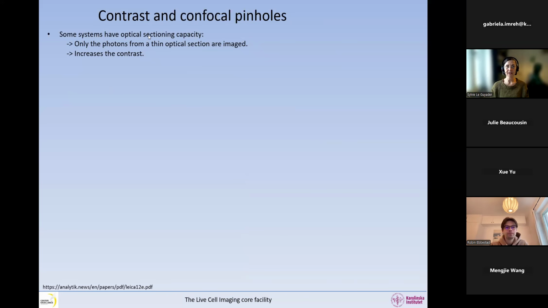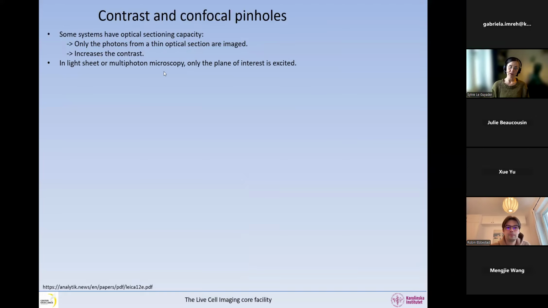So some systems have optical sectioning capacity, this we have seen. All systems except wide field. Only when we have an optical sectioning capacity, only the photons from a thin optical section actually make it to the sensor and are imaged. So this increases the contrast because we're getting rid of the things that are out of focus.